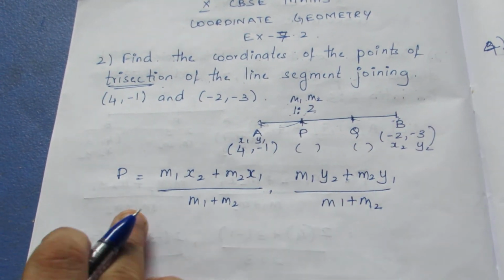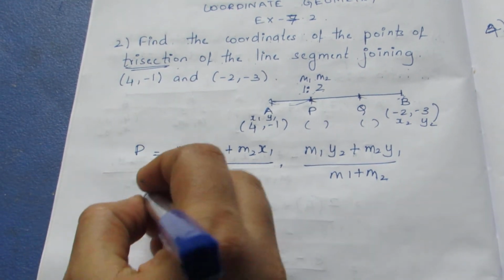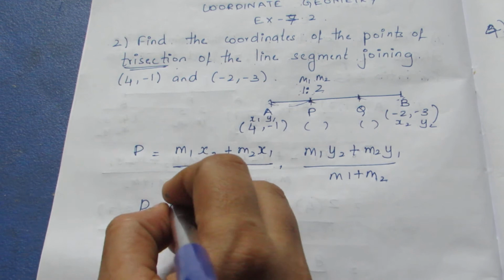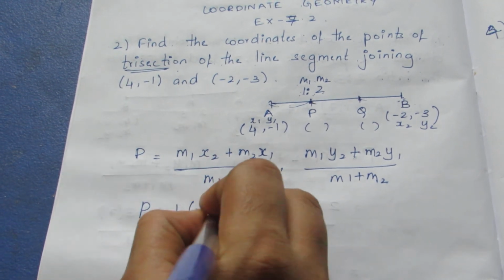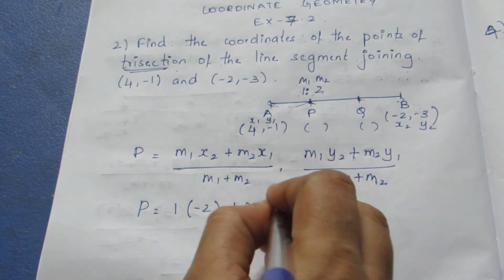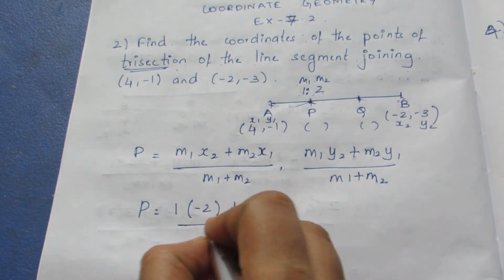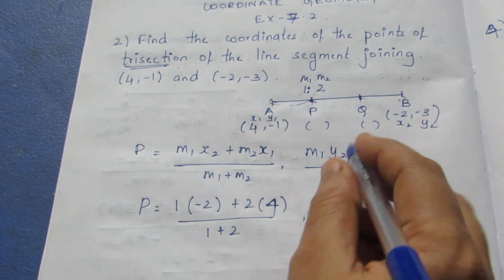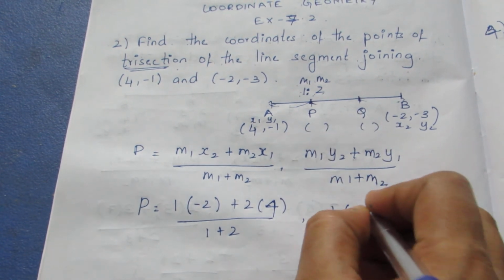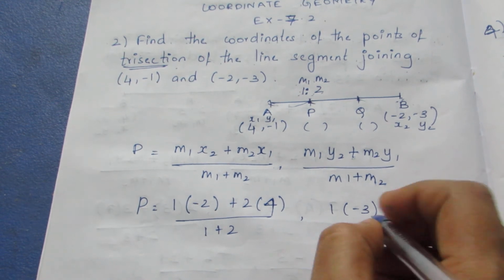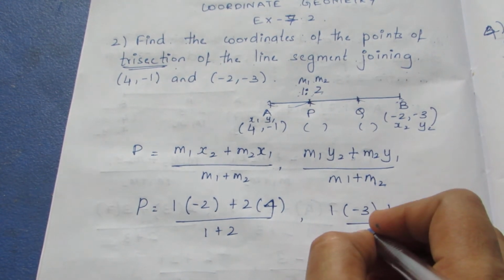Just substitute the values to find P. So P is equal to, here m1 is 1: (1 into -2 + 2 into 4) by (1 + 2), and (1 into -3 + 2 into -1) by (1 + 2).